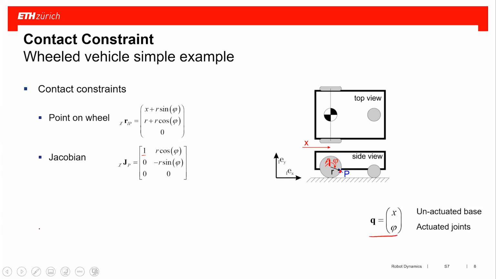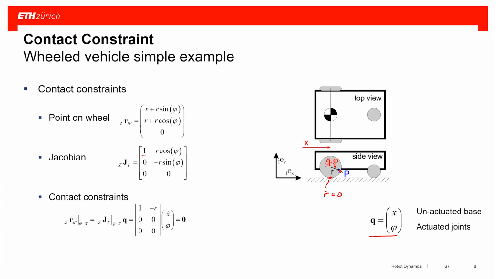Now what we have to do is set up this contact constraint. The contact constraint means that the point here, so if P is down here, then we must have 0 velocity. So here my r dot is equal to 0. So what I have to look at is the r for my phi equals pi, that point which is at the bottom of the wheel, which is in ground contact.